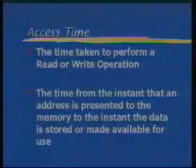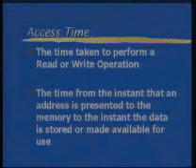After all, what is access time, what is cycle time, and how are they defined in the context of main memory? Well, access time is defined to be the time taken to perform a read or write operation by the processor from the random access memory or the main memory.